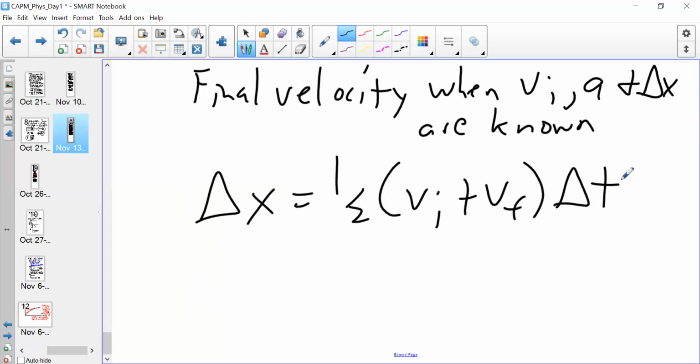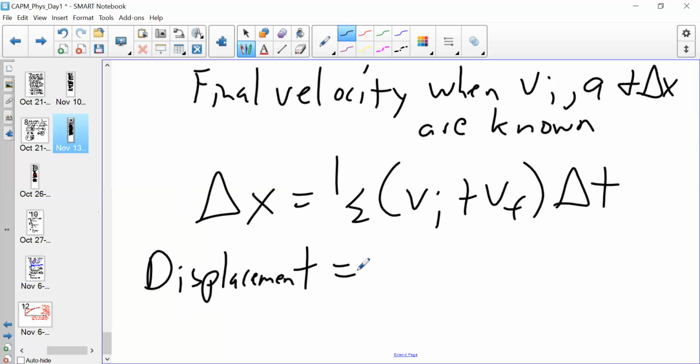But if I just know my two velocities, my initial, my final velocity, and my time, I can use this equation to find my displacement. Hang in there. I know this is quite much, but almost there.